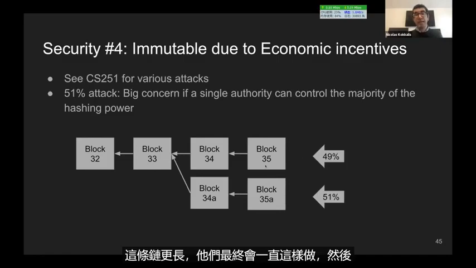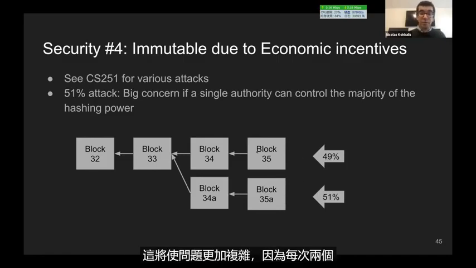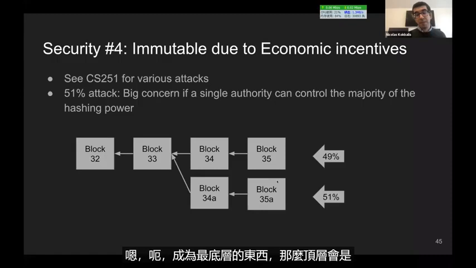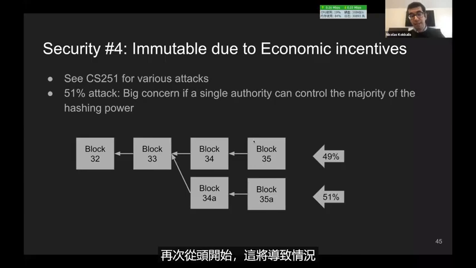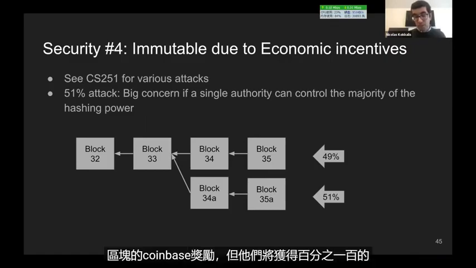And this will compound the problem, because every time the bottom one becomes longer, the top will be starting from scratch again. This is going to cause a situation where this miner will not be getting 51% of the Coinbase rewards of the blocks, but they will be getting 100% of the rewards.